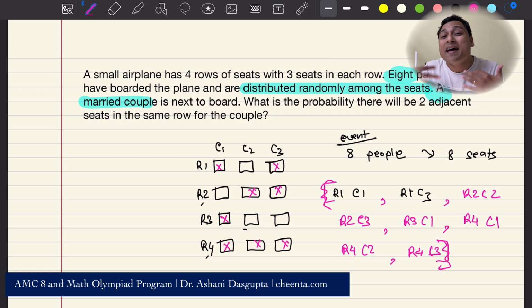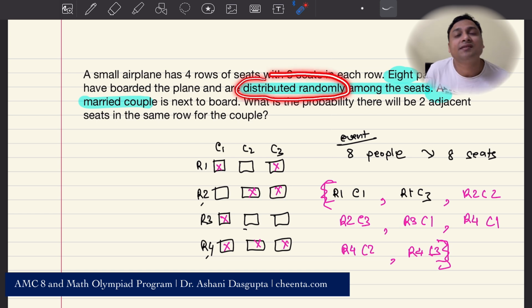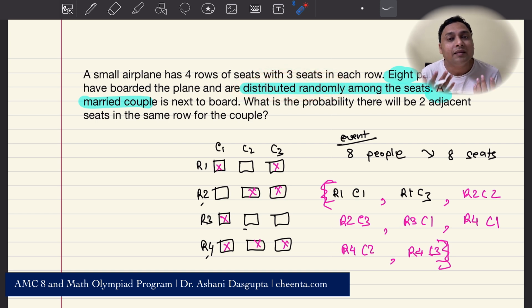Now, there can be many such possibilities. What distributed randomly means in probability language is that each one of those possibilities has the same probability.